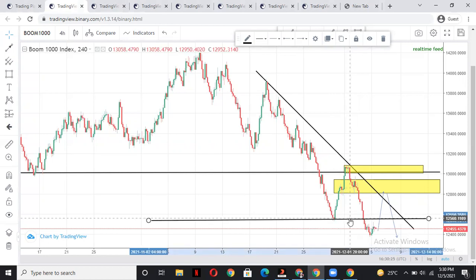So what am I expecting price to do? To return back up to activate from this mitigation point here, which will as well coincide with the trend line that is coming from here, and drop further down.